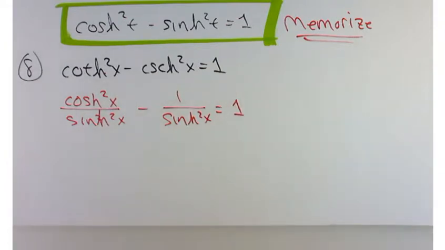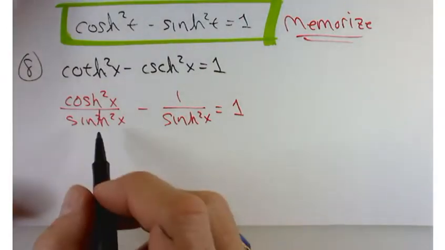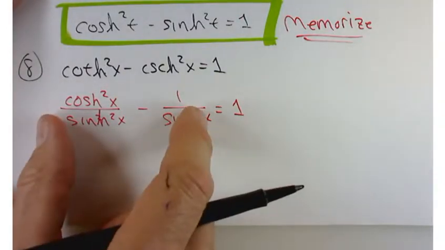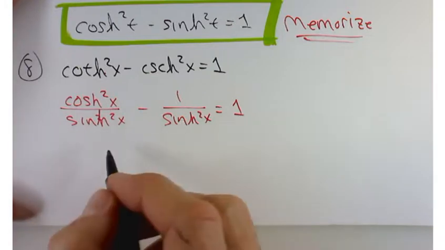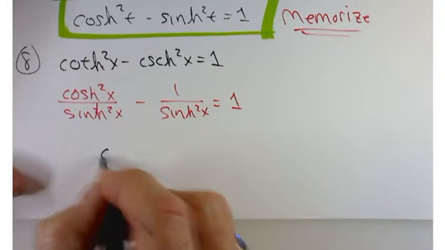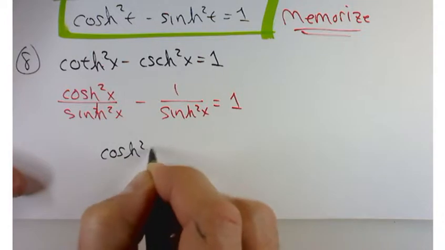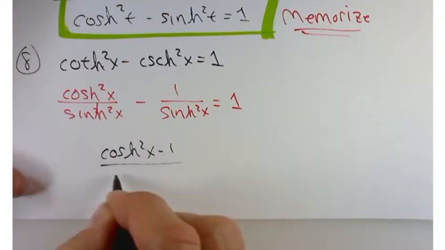If you're being really formal and true to things, then you should probably only work with one side. What's nice in rewriting it like this is that I can see I've got common denominators. So this is cosh squared of x minus 1 over sinh squared.